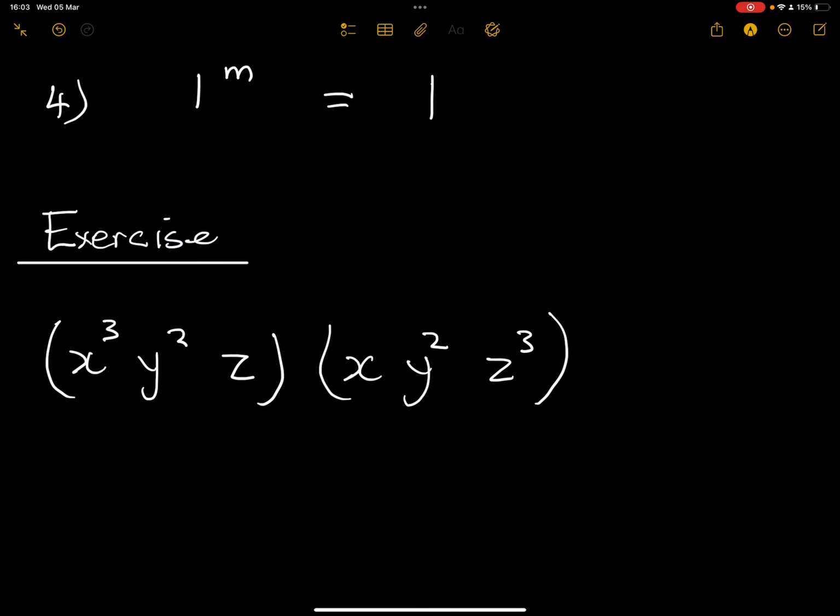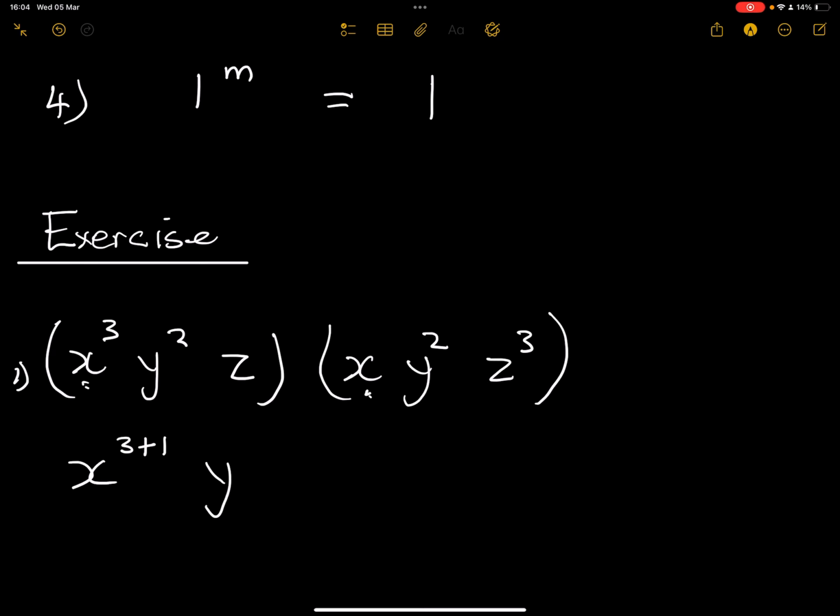Now remember, we are going to multiply the bases that are the same. And what do we know about our first law? Our first law simply says, if the bases are the same, where are the bases that are the same? So x and x, right? What do we do? We add the exponents. So this is x to the power 3 and x to the power of 1, or rather x raised to the exponent of 1, right?